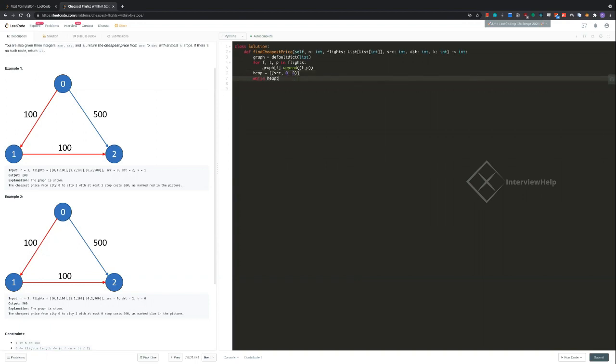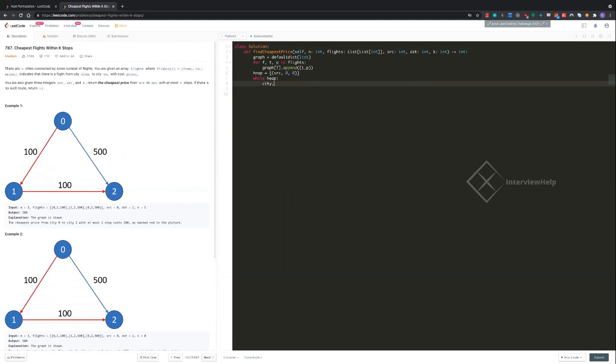So we'll heap, then we just pop. We'll call this C, the middle one is going to be the price, and the right one is going to be K. Basically, we can check if C is equal to destination, we just return price.